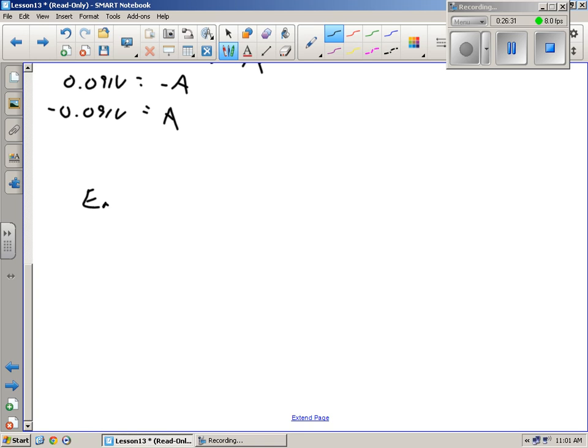So the net is equal to the cathode minus the anode. I know the cathode for this particular one. It's the nickel. The nickel was a negative 0.091 volts. That's the one I just found. Minus A. I don't know what the zirconium half cell is. That's the anode in this case. The net, though, is 0.384 volts. Yes?